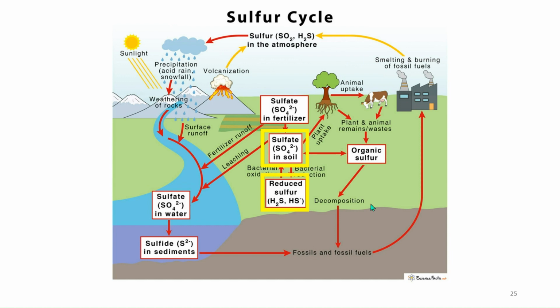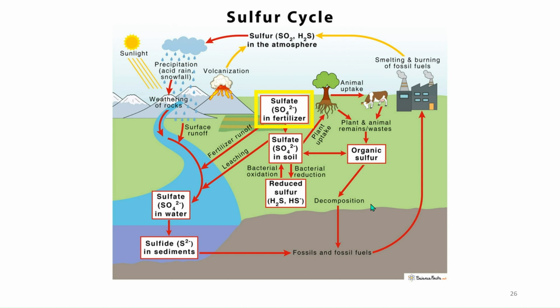And the reverse process of that, in the presence of oxygen, there can be bacterial oxidizers that oxidize sulfur. So it can go either way, but it really depends if oxygen is present or not. And that creates a cycle so we can recycle these chemicals, nutrients.